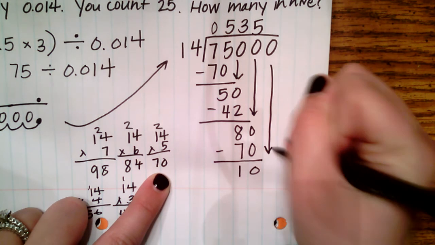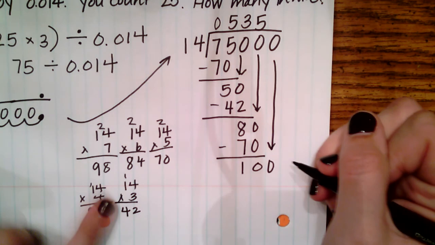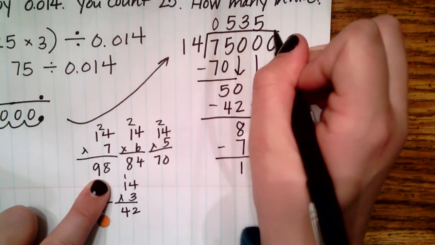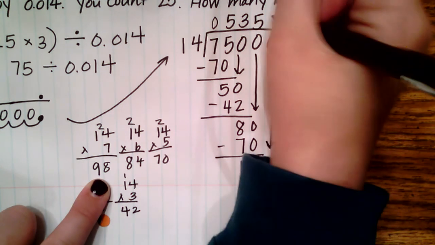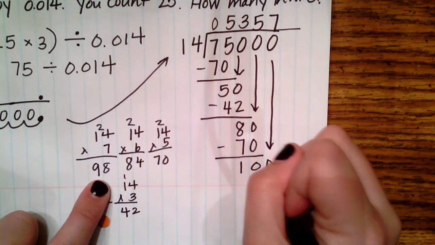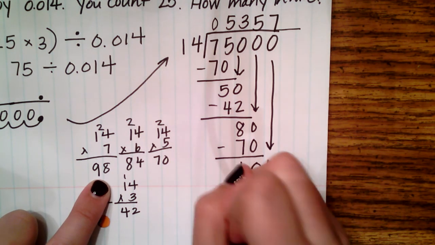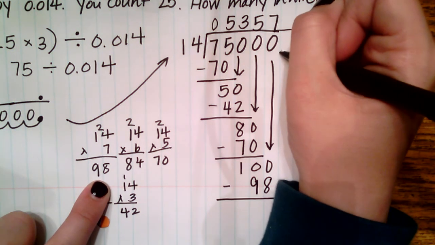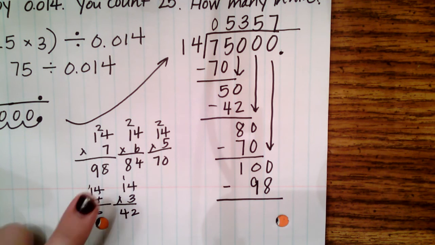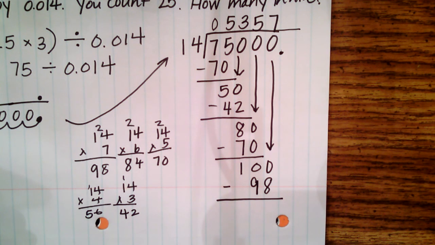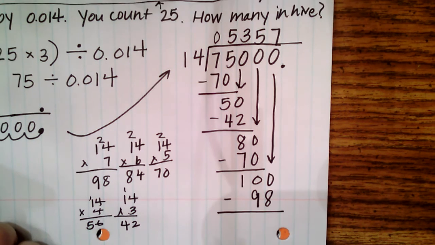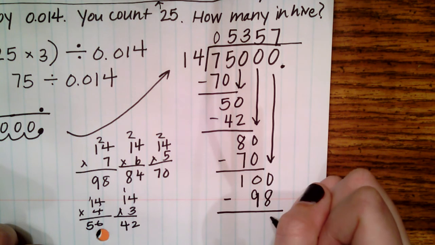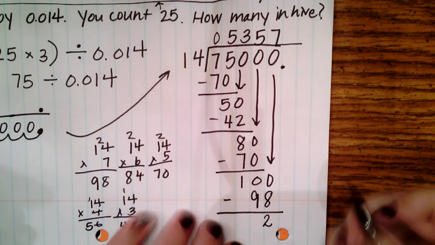And I'm left with 100. Ooh, okay. So 14 times 7 is 98. Okay, and I have 2 left over.